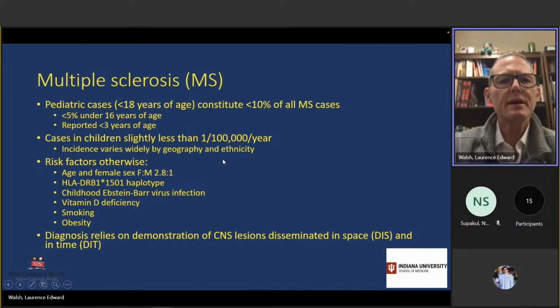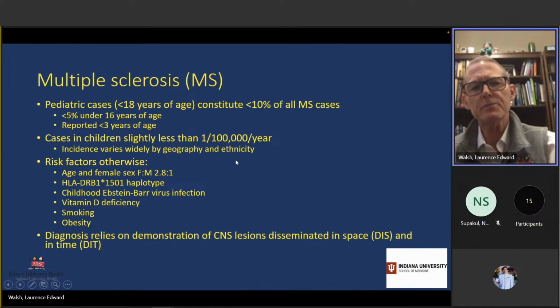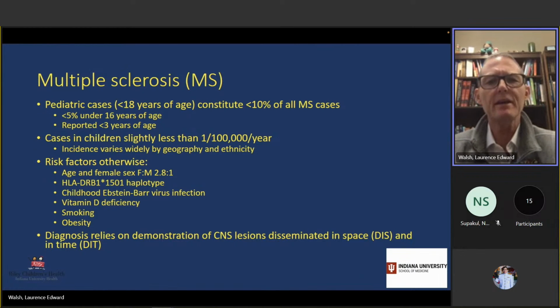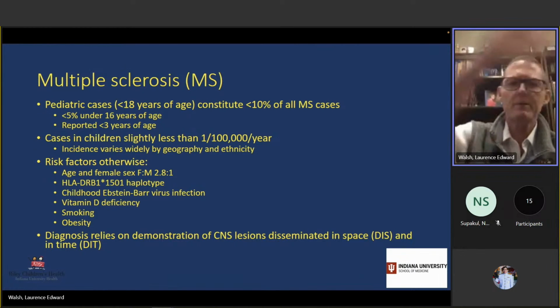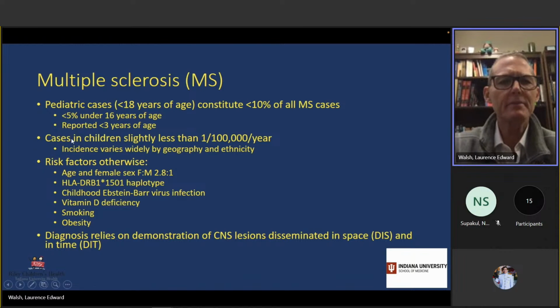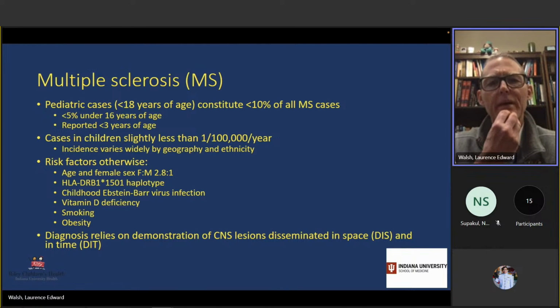Here's the incidence. And yes, we all know one of the slides I remember from my freshman year of medical school in 1983 was the temperate band of MS in the temperate climates across the world. Females are more likely to be affected than males. These seem to be the big risk factors, and some of these probably inform how that geographic band is made.